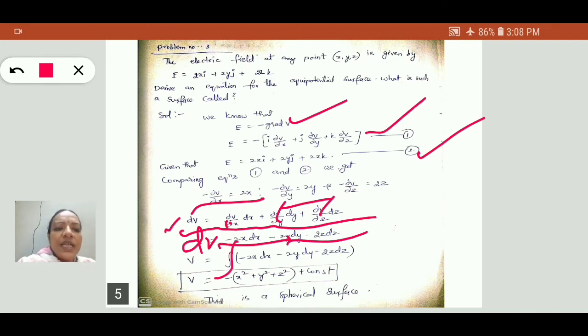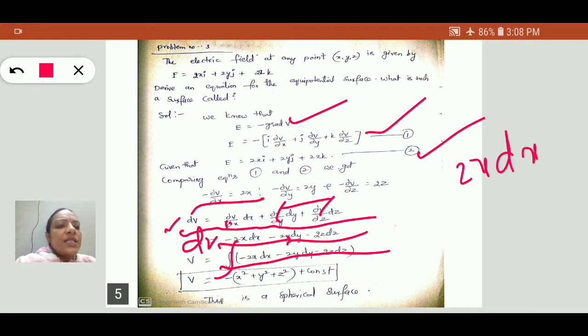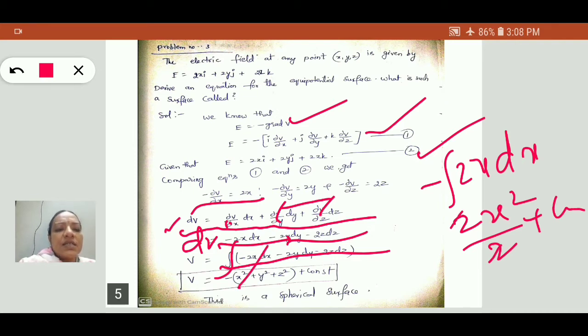So V is equal to the integral of minus 2x dx minus 2y dy minus 2z dz. If we integrate minus 2x dx, we get minus 2x squared by 2, plus some constant. The 2 cancels, so we get minus x squared.